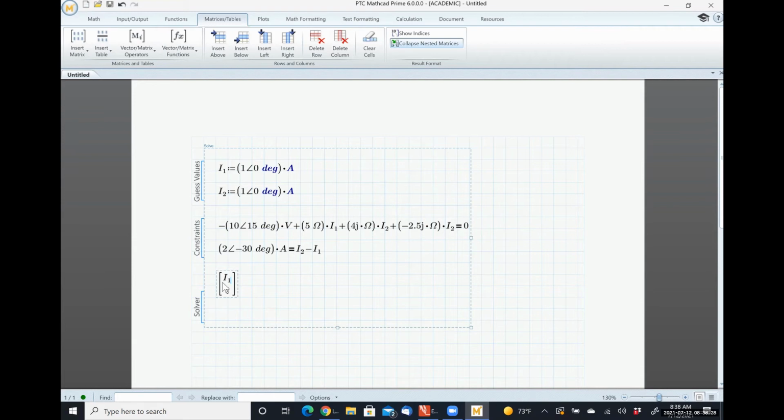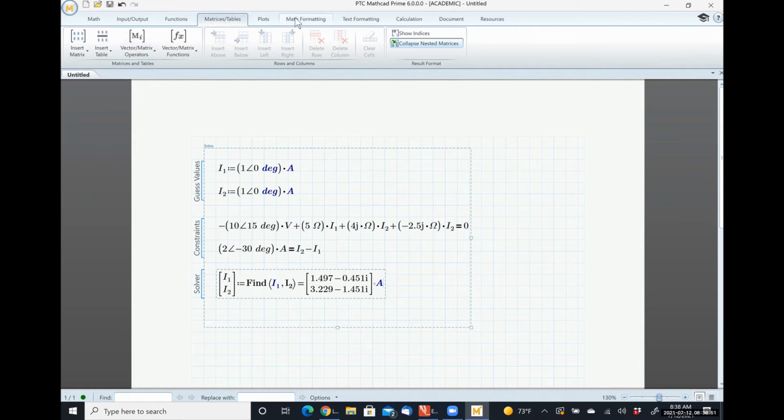So I'm going to say I1, I2, colon equals sign, find I1, I2, equal sign. I get two numbers, two complex numbers in rectangular form.